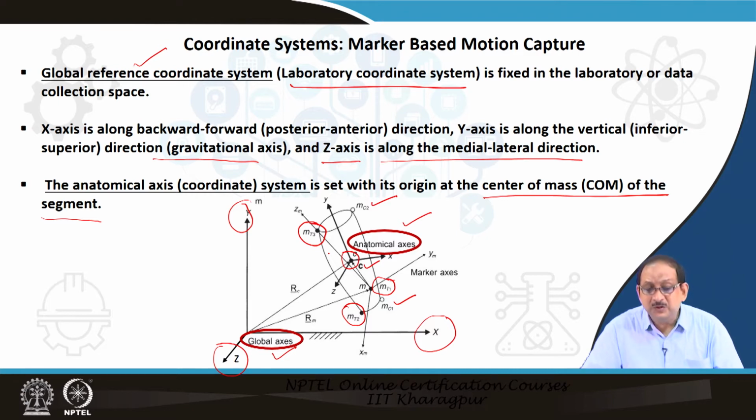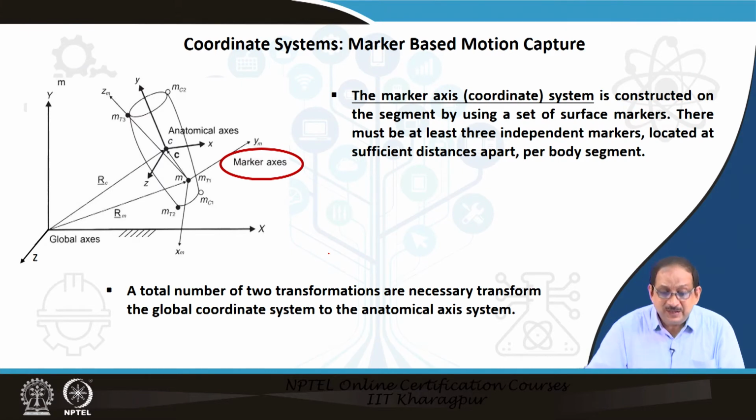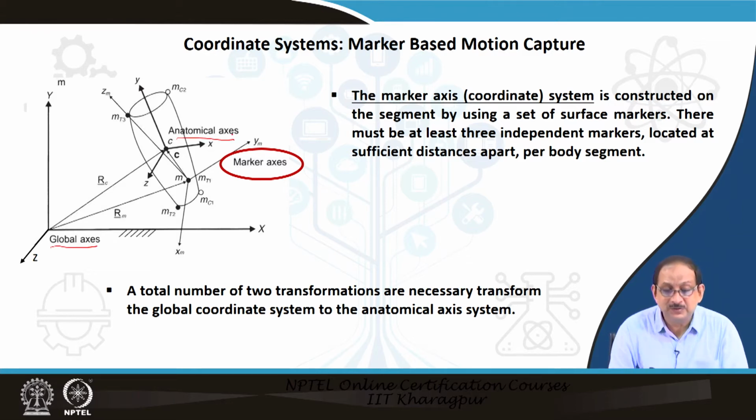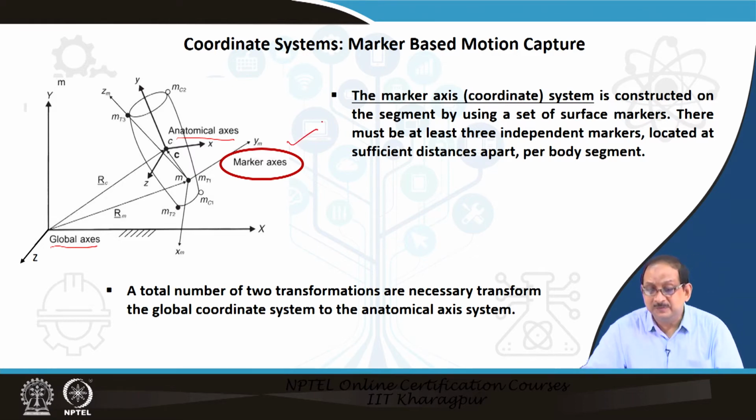We continue discussion with the coordinate systems. So, in this next slide, we define another coordinate system, which is the marker coordinate system. We had earlier defined the global coordinate system and the anatomical coordinate system. Now, we need to define the marker coordinate system.